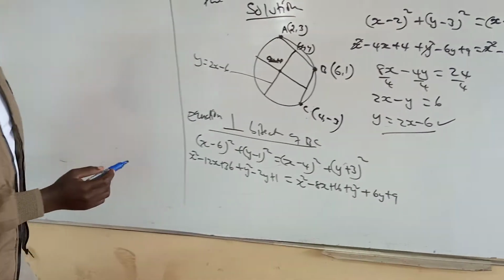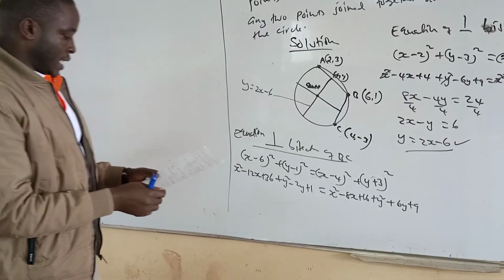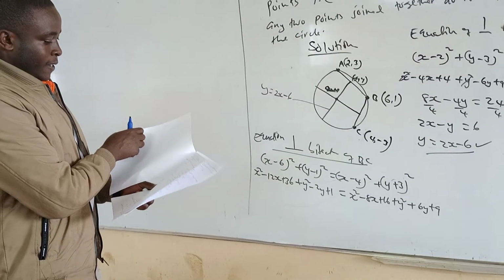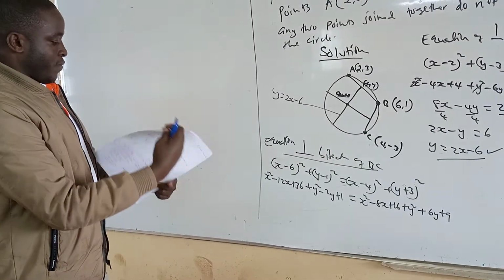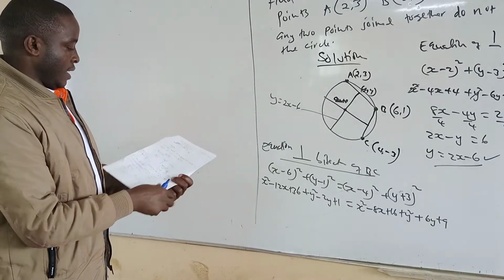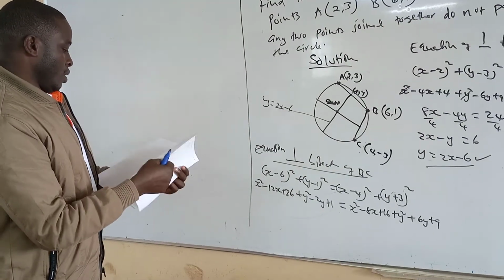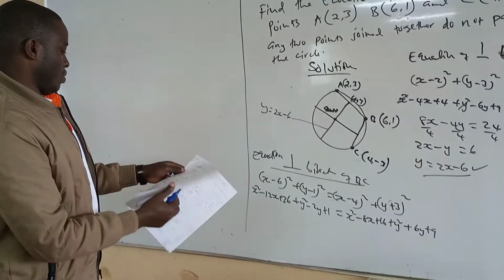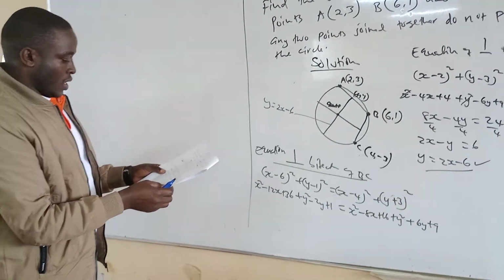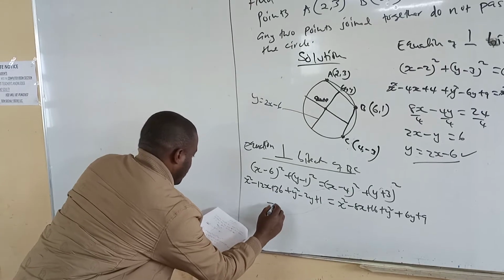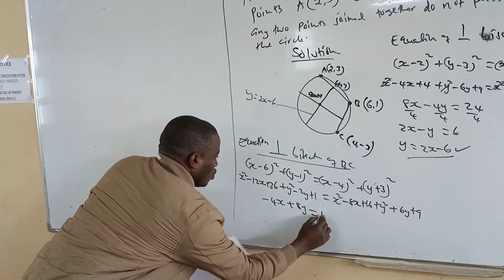If you rearrange all these, you will get negative 4x plus 8y equals 12.